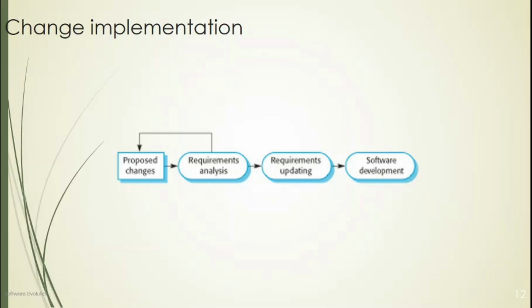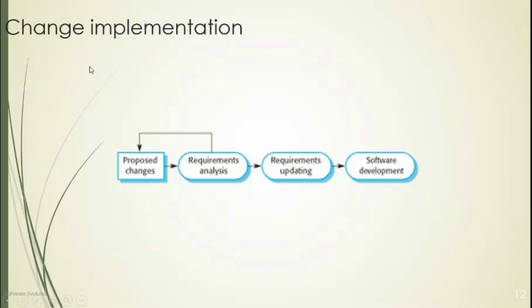So you can see the proposed changes and requirement analysis. In the requirement analysis, if any requirement analysis is required once again, then propose the changes. If the proposed changes are given, and your hardware is not supported, or for example the budget is not supported, then requirement analysis is there, then you do the requirement updating and software development.